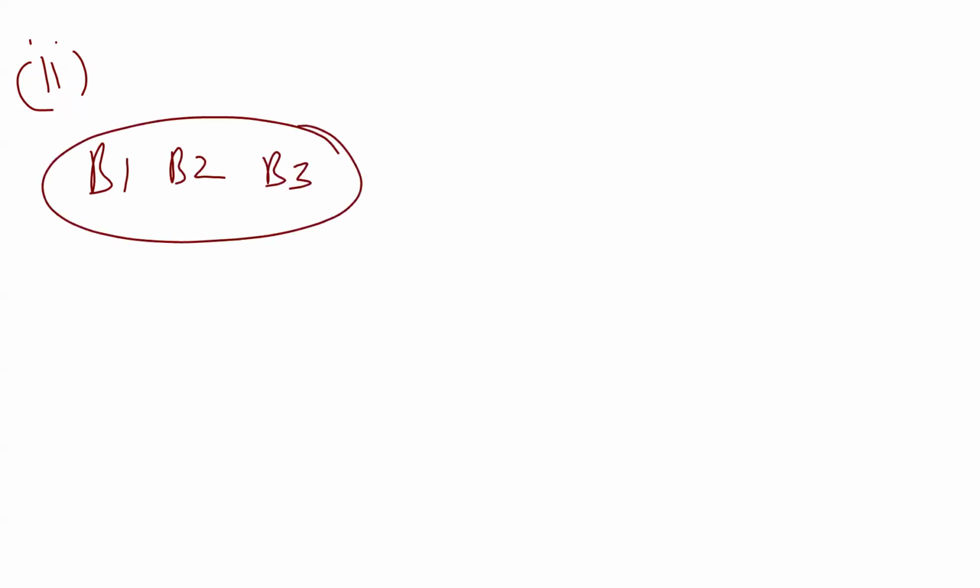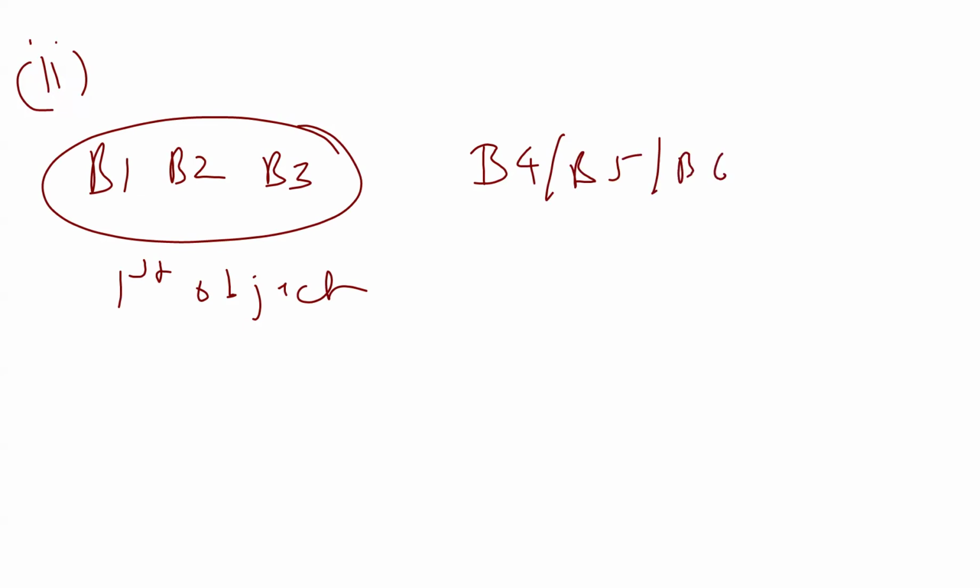3 particular books are always together. So let us say B1, B2, and B3 are always together. So this is one object, because they are always together. Remaining objects B4, B5, B6, B7.